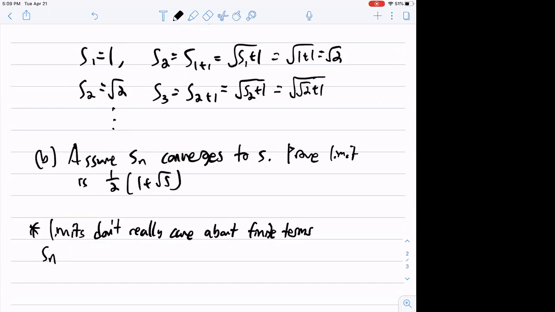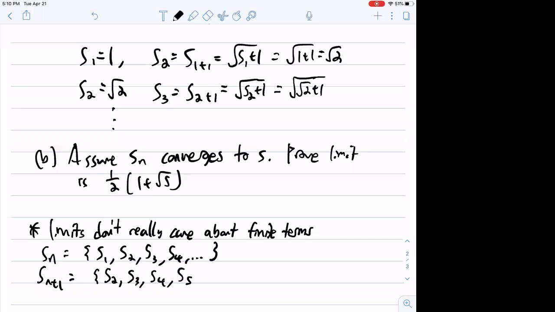So Sn is S1, S2, S3, S4, right? And we assume this goes to S, but n starts at 1, right? So this is just S2, S3, S4, S5, so on and so forth, right?